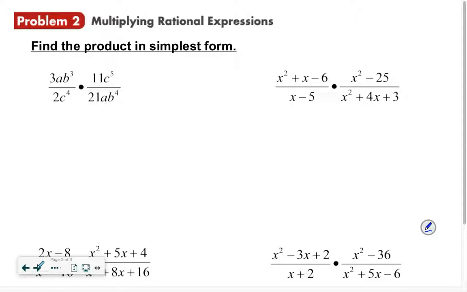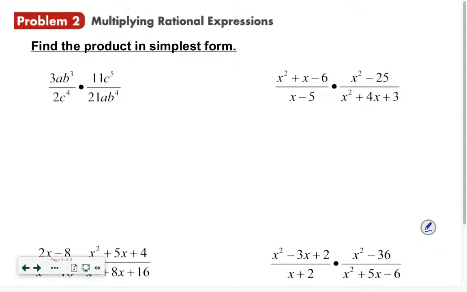Cross multiply. Like if I have 2/3 times 3/6, how do I multiply? Straight across. So I'd get 6/18. So when we multiply fractions, multiply straight across.